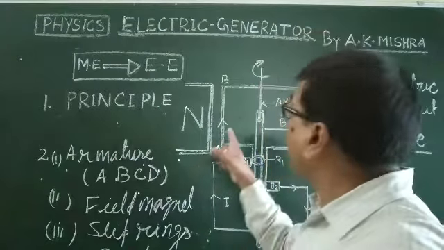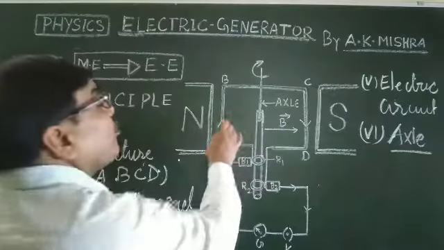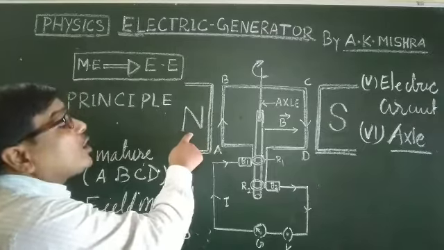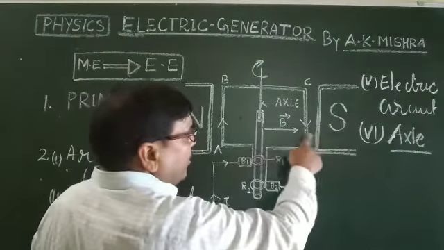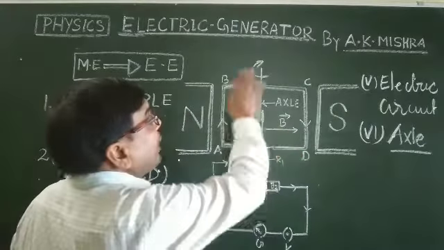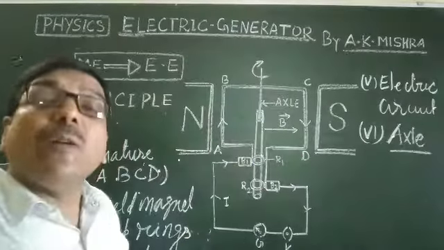Here is the north pole of the magnet and here the south pole of the magnet, in which the rectangular coil is placed.